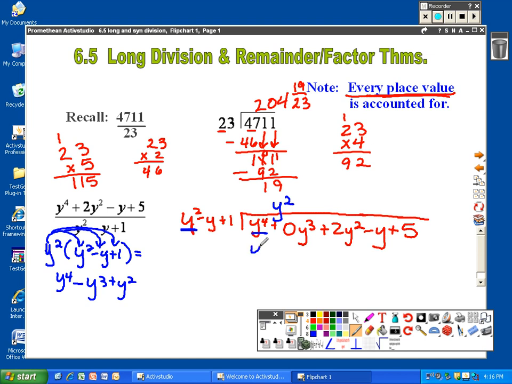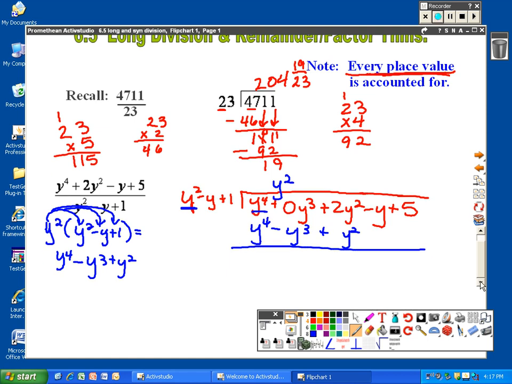And then I write that down, y to the fourth minus y cubed plus y squared. And I draw my bar. And I must subtract this entire place. So when I am subtracting the y to the fourth and the negative y cubed, subtract means add the opposite. So that becomes a positive.